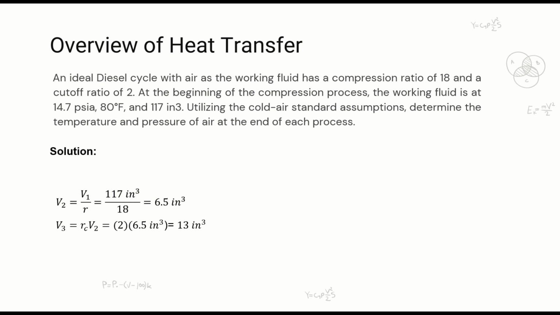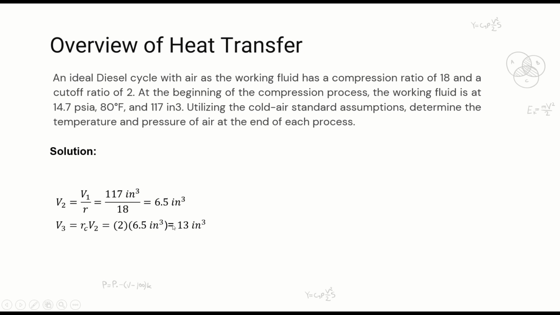In solving our V3, we will be using the formula rc, the cut-off ratio, multiplied by V2, which is 6.5. So let us plug in all the givens. For rc we have 2 multiplied by our V2, which is 6.5 cubic inch.